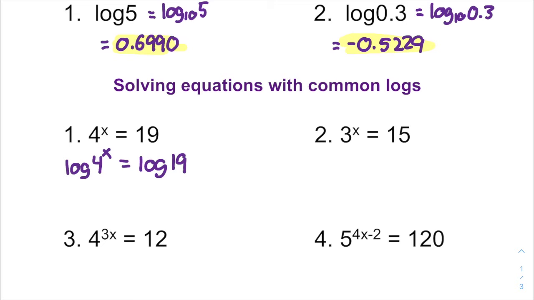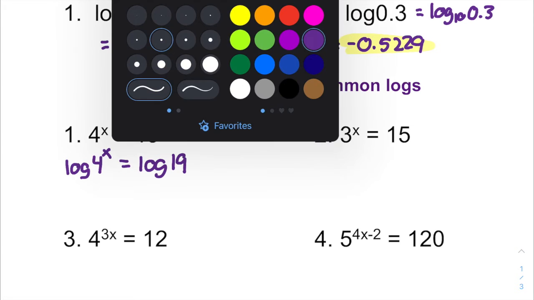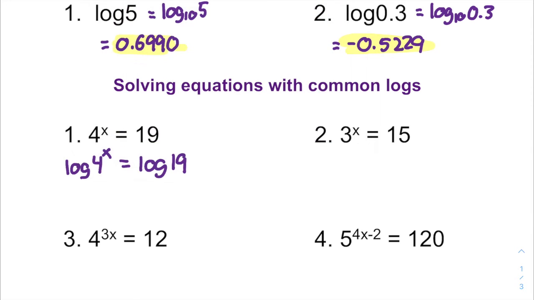We're going to keep our log properties in mind, in which we have log to an exponent. We're going to take the exponent using the power property of logarithms and actually multiply the expression times that exponent, which is x. So it's x times log 4 equals log 19.